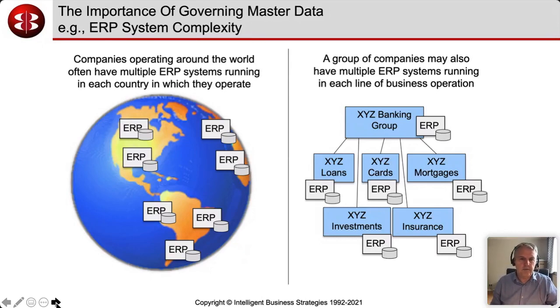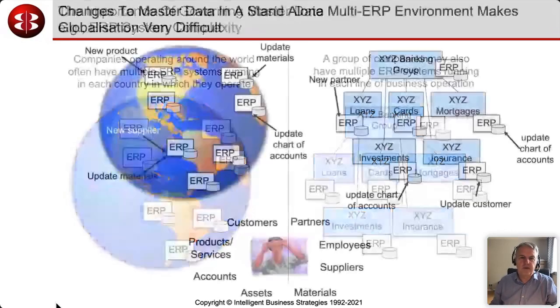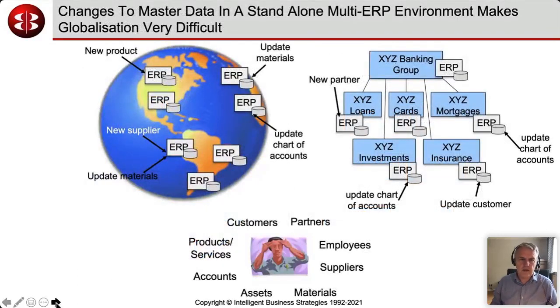I have a client at the moment that has 5 ERP systems they're trying to consolidate, but right now they're dealing with 5. So if you change anything on any one of those systems, let alone the duplicates problem we just spoke about, you can imagine what needs to happen. You have to then update everything else, and you're doing that across multiple ERP systems, which is a significant challenge.